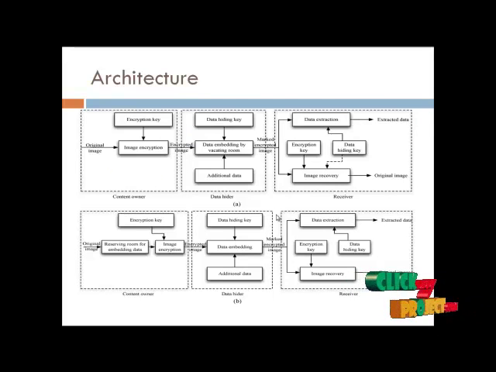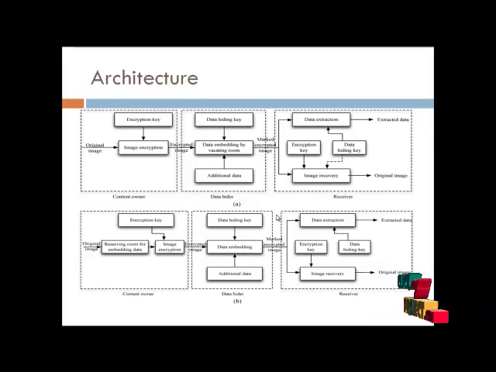The original image is given the encryption key, and the image will be encrypted. The encrypted image then goes to the data hiding process. For the data hiding key, we take the same key or produce a new key. We use the same key as the encryption because the data hiding procedure is the same as for original images.